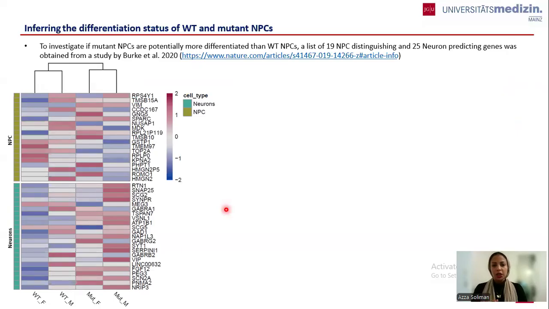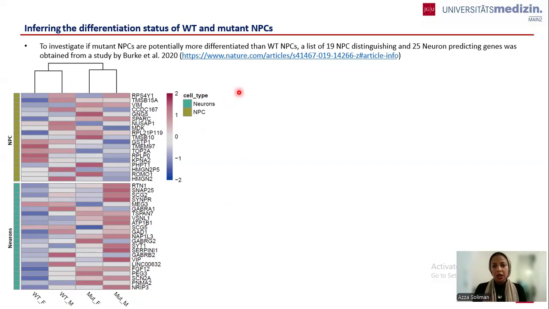Then we wanted to investigate the differentiation status of the mutant MPCs using the RNA-seq data. And for this, we used a publication, a study where they tried to investigate the transcriptomic signature of the neurons during differentiation and maturation starting from iPSCs.